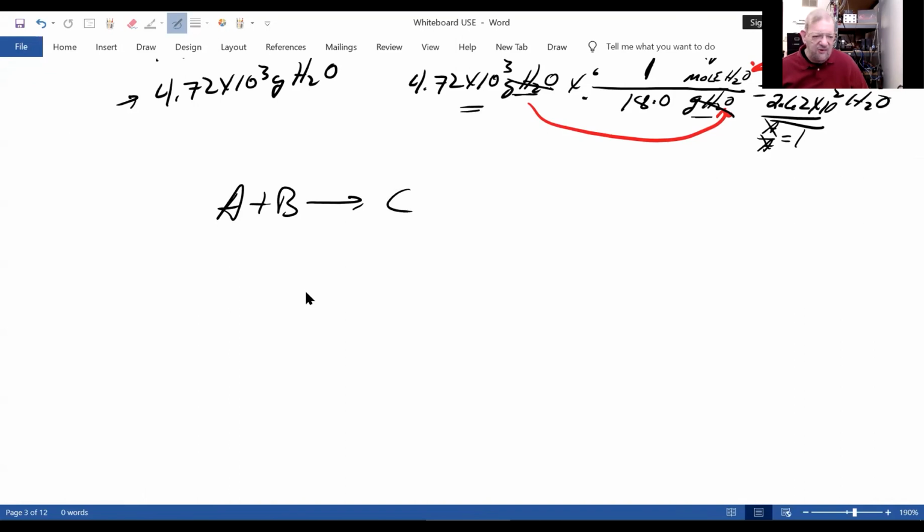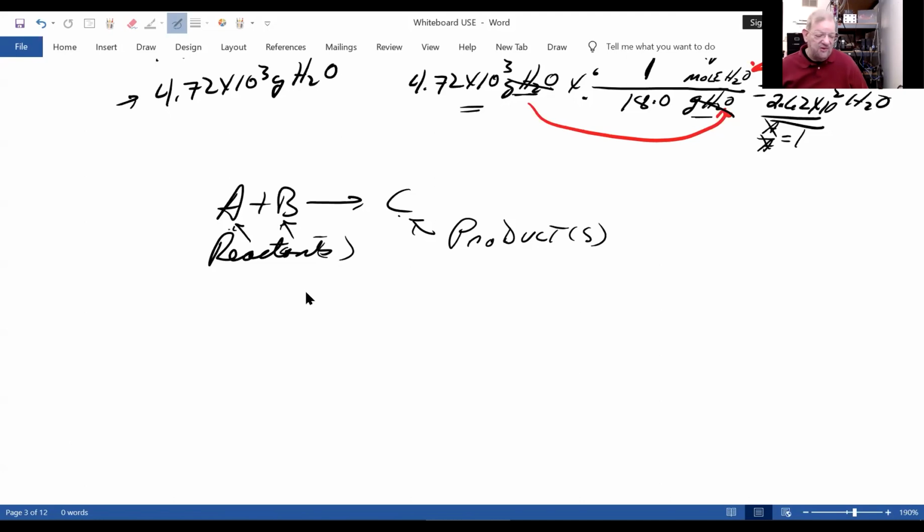But before we do that, quick review. This is a chemical equation. A plus B makes C, and A and B are reactants. And C is a product. And you could have more than one too. It could be products.